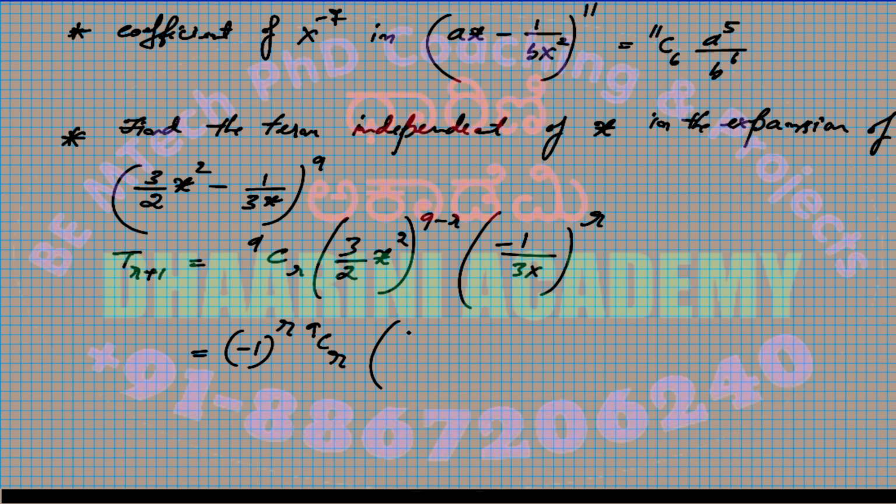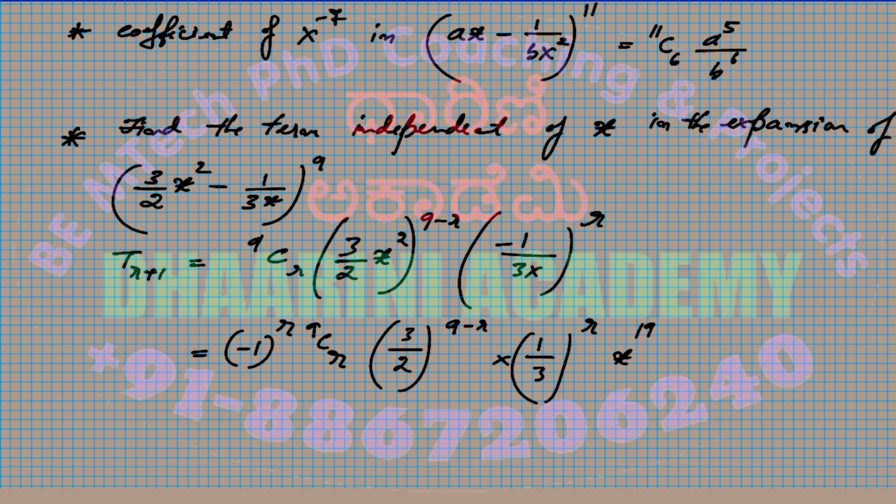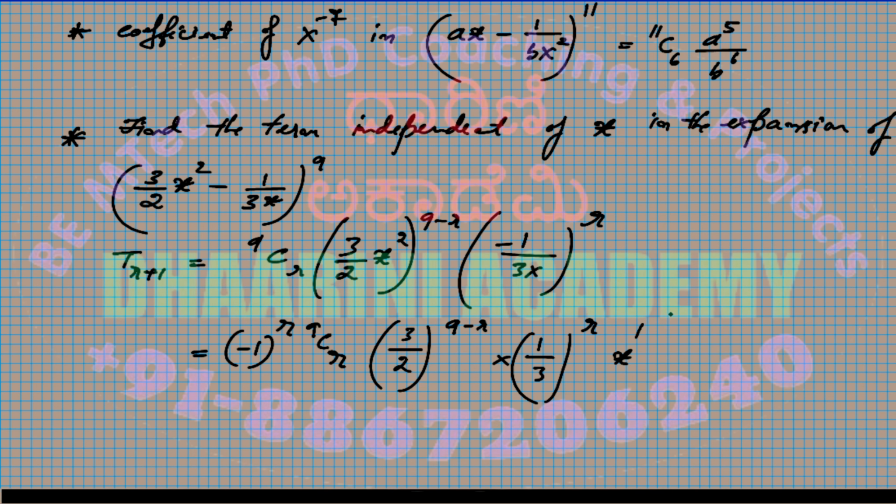Let's write the constant first, that is 3 by 2 raised to the power 9 minus r into, there is a 1 by 3, this is raised to the power r, into the x term. The first x square gives you 9, 2 into 9 is 18. So this gives you 18 minus 2r, and there is one more r coming from here, that is 3r. 18 minus 3r, right? So this is the r plus 1th term.